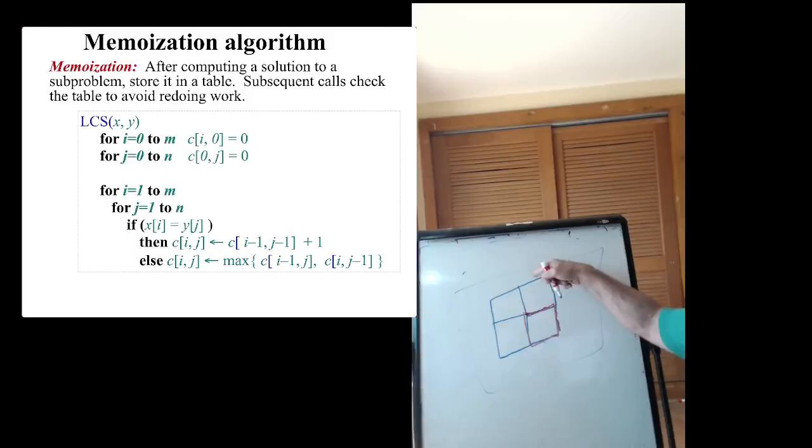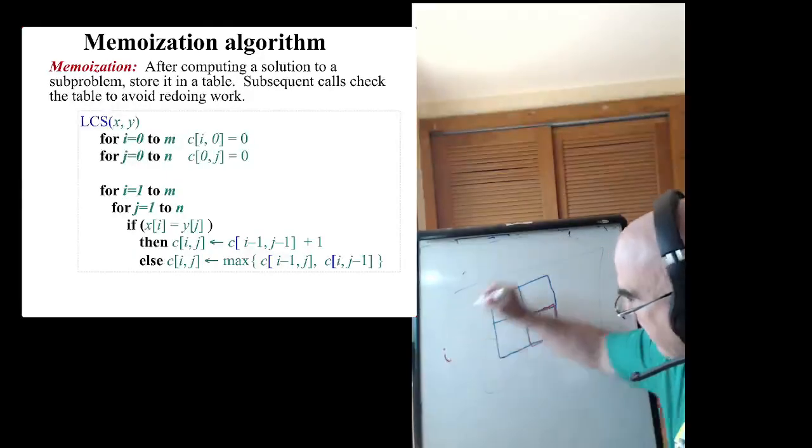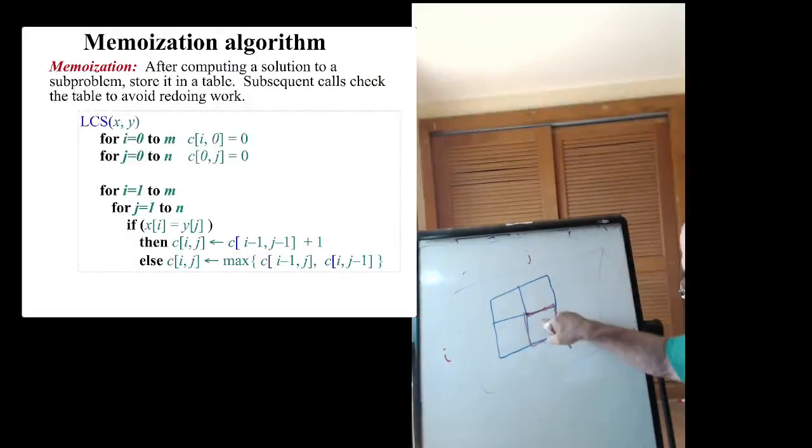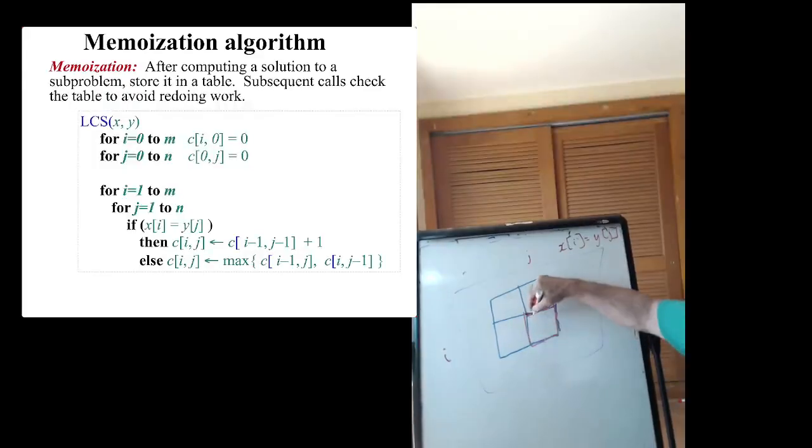Well, I need to know what the i and j are that fit this red cell, and if x_i equals y_j, then the value that I'll write in this cell will be the value that is written in the diagonal cell plus 1.